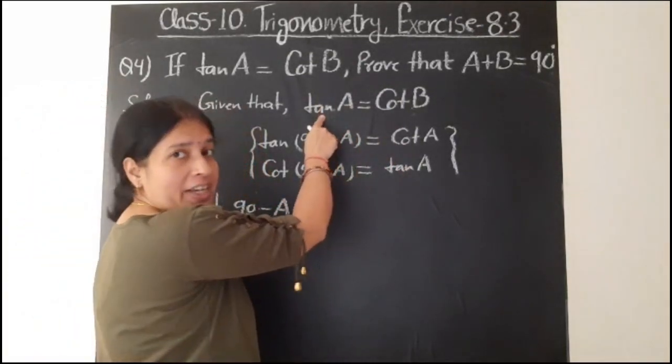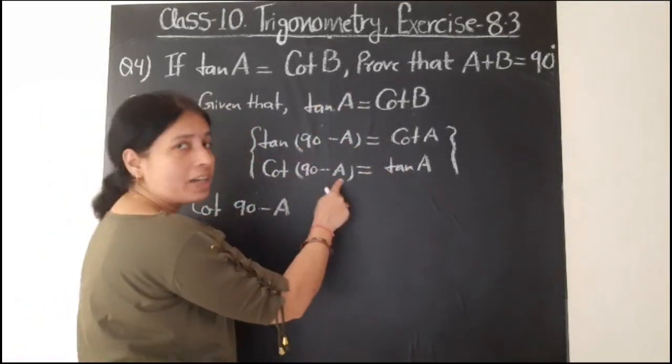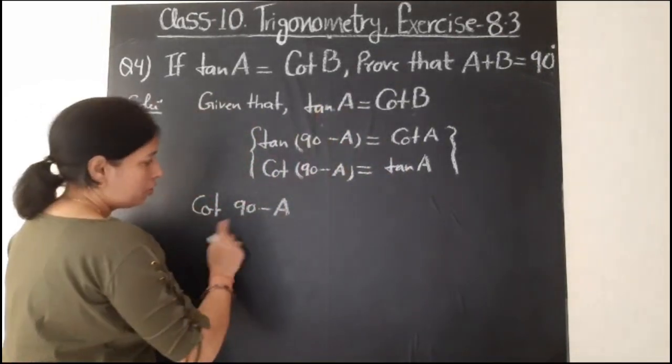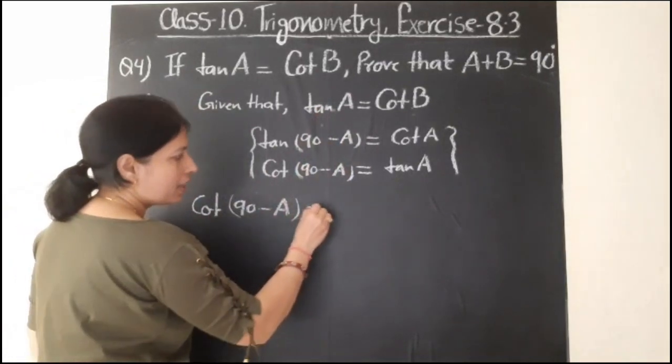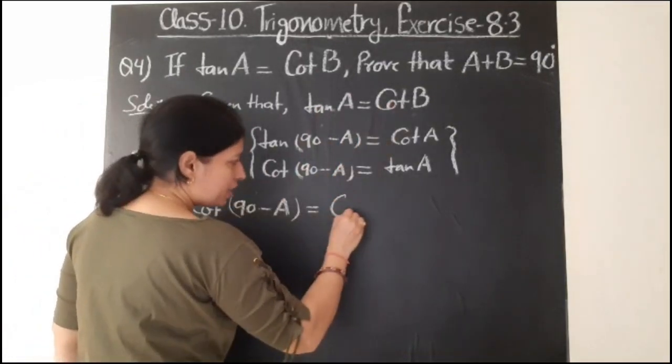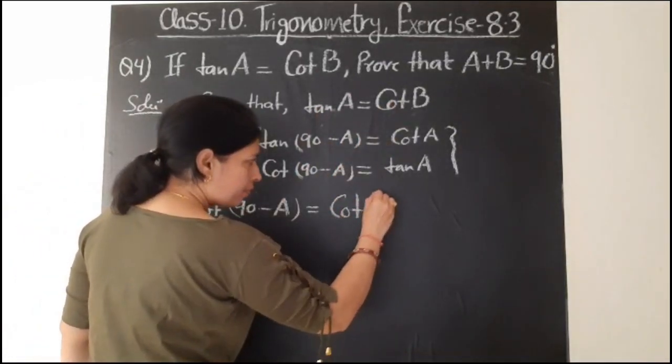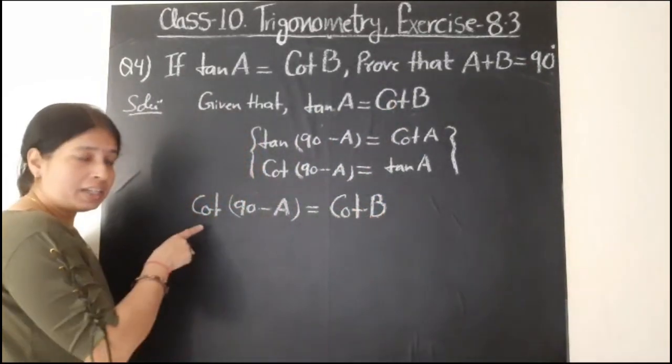So in place of tan A, I have written here cot 90 minus A, and write cot B as it is. Now both are in cot form.